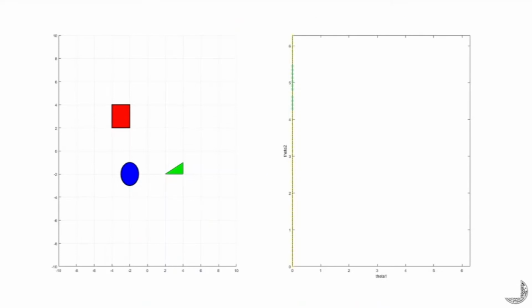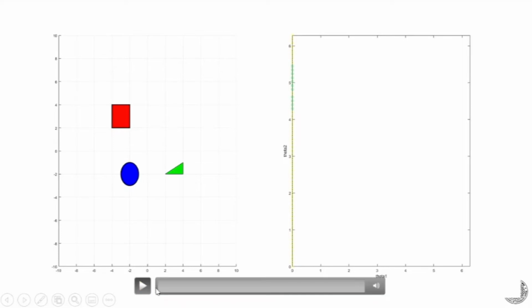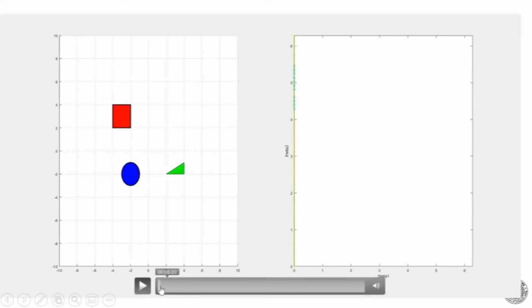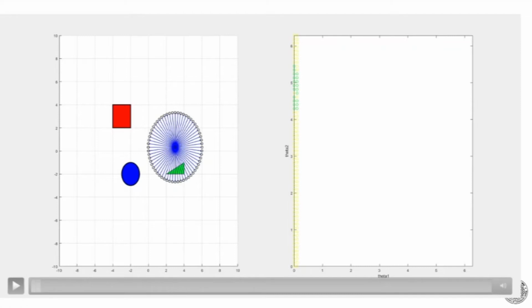Now let us see how the program works. It will become clearer. This program is written in MATLAB, but you can write in any language you want. Let's start slowly and see how this is working. We have 0, 0 here at this point, and this is the second link, and the second link is rotated one full circle.